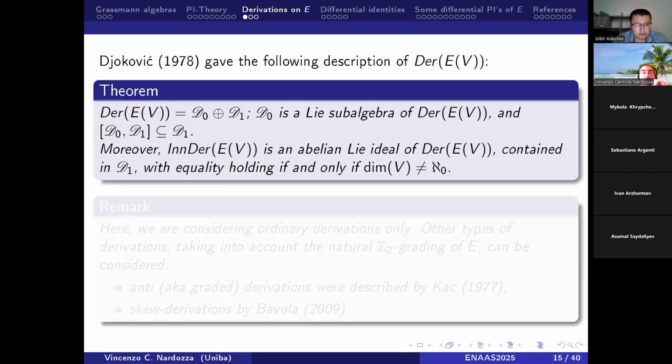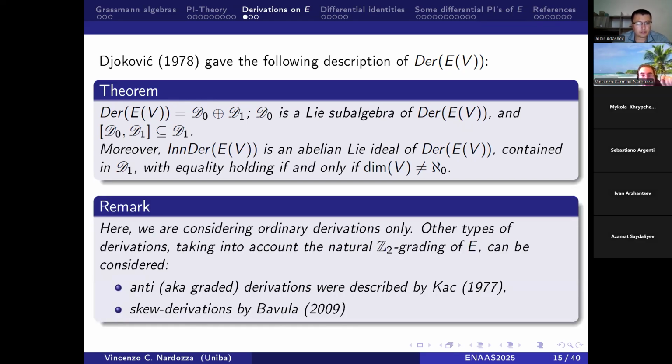And equality holds, so any element of D1 is an inner derivation, if and only if the dimension of V is different from Aleph naught, which is a problem because in PI theory, it is precisely the dimension equal to Aleph naught that is the most important case.